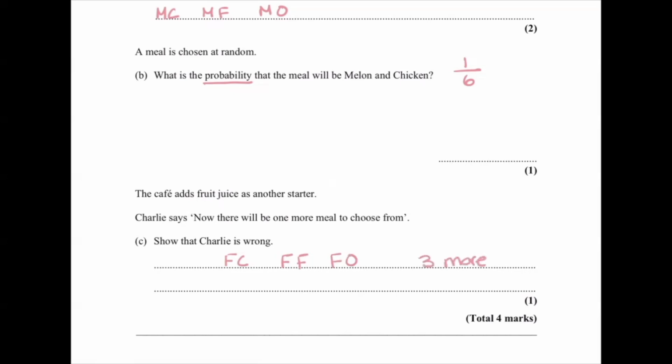And that would be a good enough explanation. You showed that there are more combinations. You could do it with more of a sentence, like there would be 3 more meals. As long as it's an accurate communication of what they're looking for, you'll be fine.